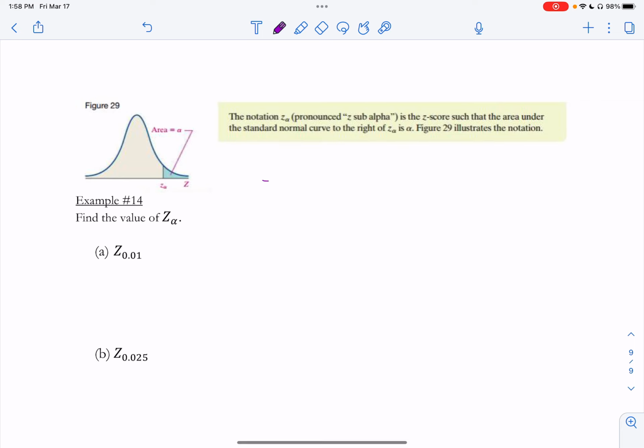If I were to look for a z sub 0.05, I want this little edge over here. If this is z sub 0.05, then this area right here is equal to 0.05, so it's about 5% of my area.